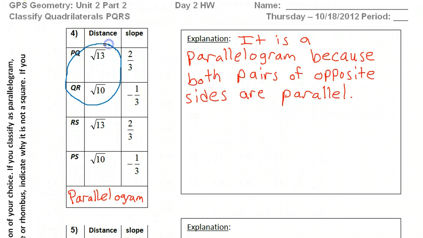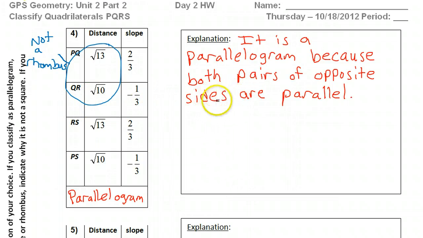So to demonstrate that it's not a rhombus, all you really have to do is point out two sides that are not congruent. So if I circle the radical 13 and a radical 10 here, I can just simply go ahead and say not a rhombus. Okay, it's not a rhombus because those are not congruent.